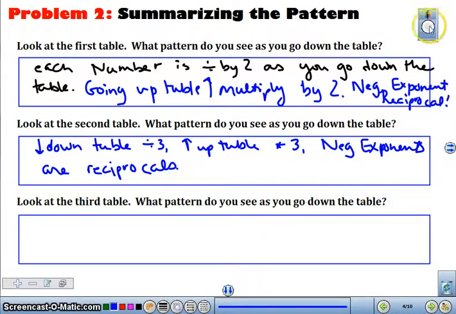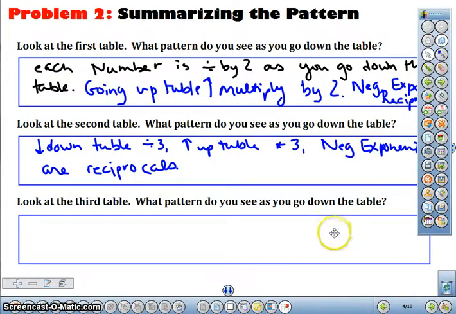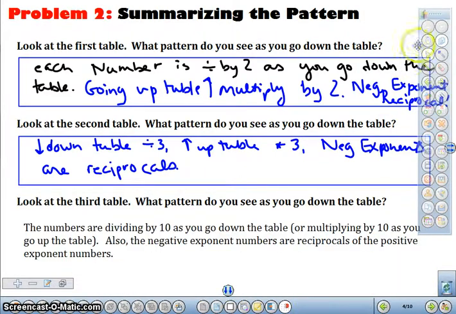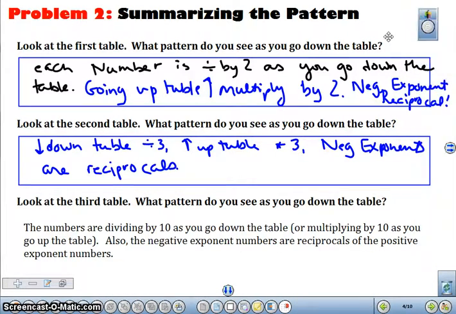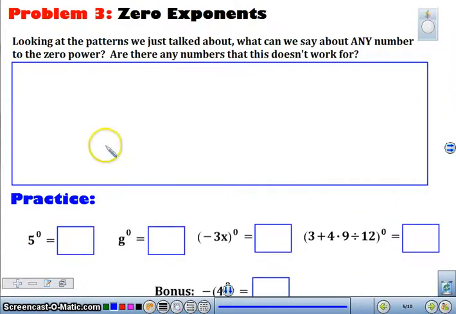As you look at this last one, pause the video and see if you can write your pattern again. When you're done, we'll unpause it and see what I have written. So again, going down the table, the numbers are divided by 10, and going up, our exponents are always reciprocal for our positives.